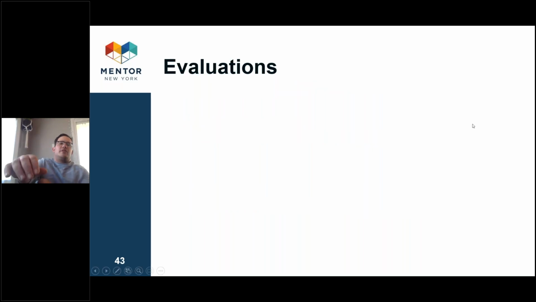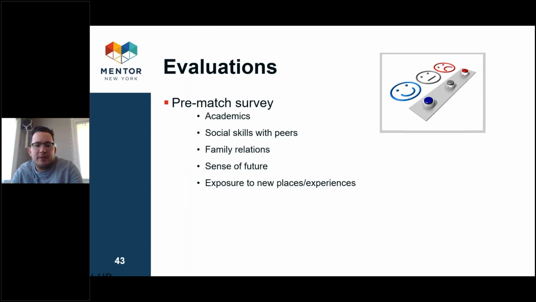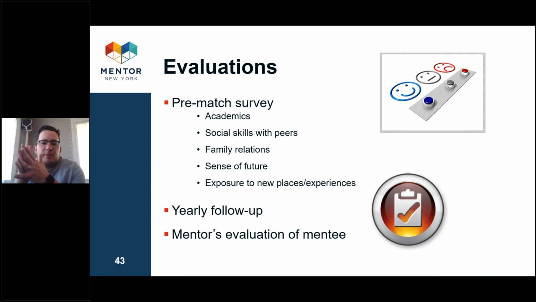So we're going to talk very briefly now about this sort of unofficial 7th piece, which is evaluation. Most programs at the very base will do some type of pre or post survey, right? Some pre-test and post-test. I think the biggest part of evaluation is, again, taking that step back and thinking about what it is that our program does.